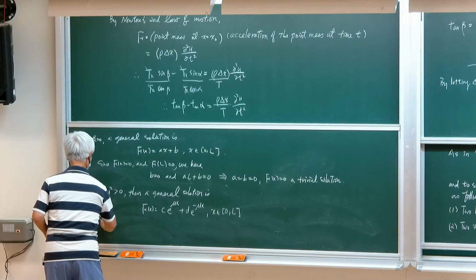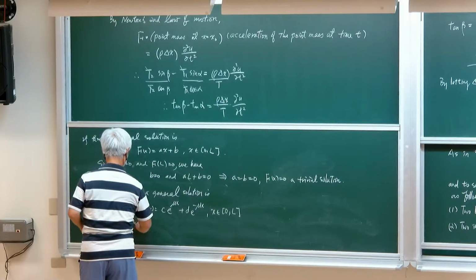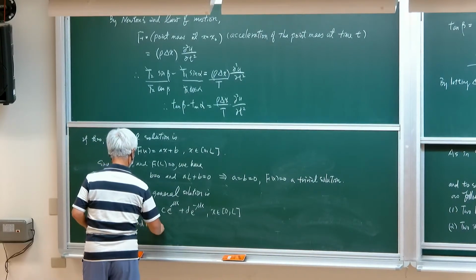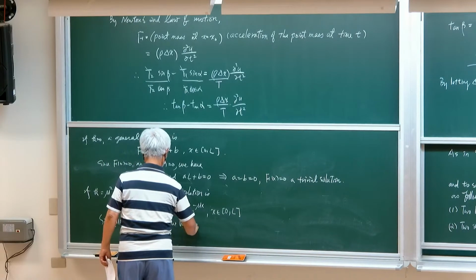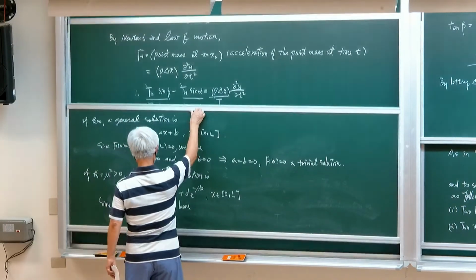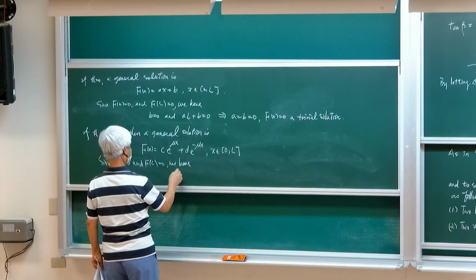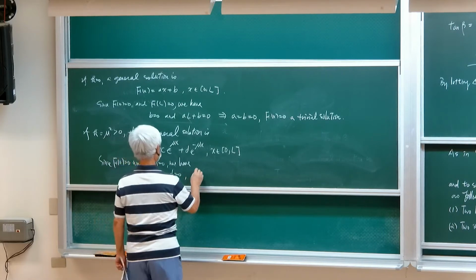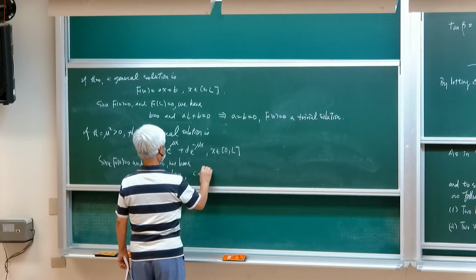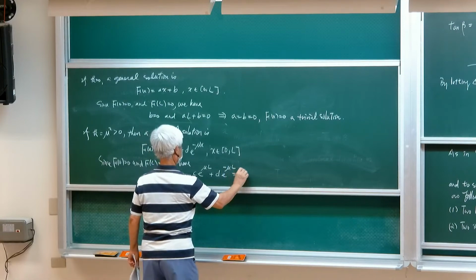And when we look at the two boundary conditions, we have C plus D equals 0, and C e to the mu L plus D e to the minus mu L equals 0.